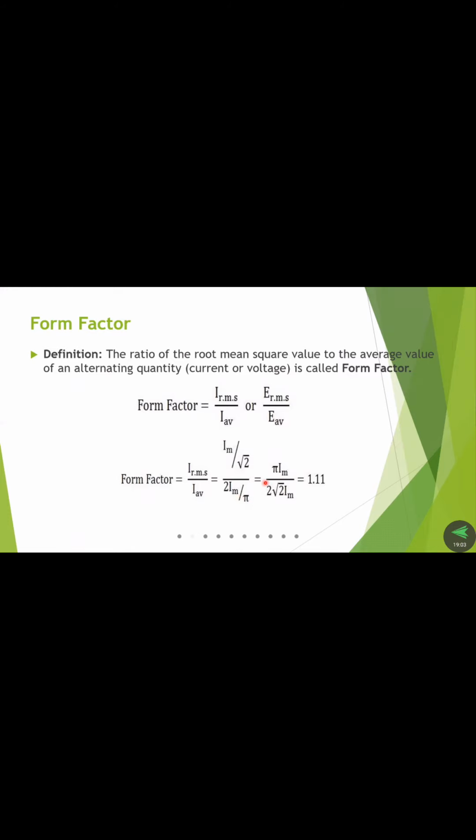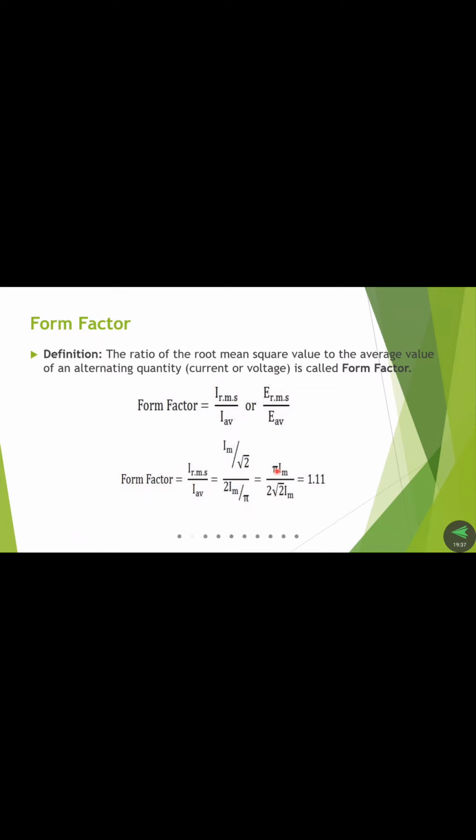If you simplify that, pi comes to the numerator and root 2 comes to the denominator. So we get Im into pi by 2 into root 2 over Im.